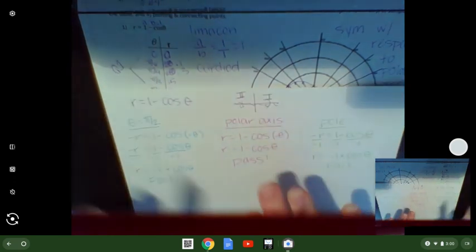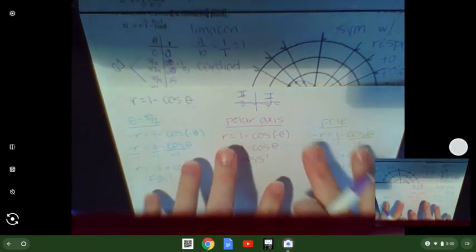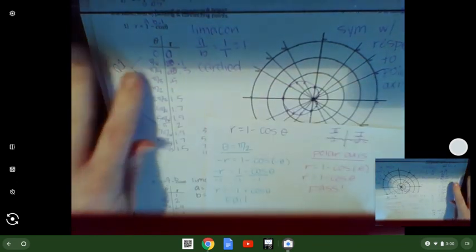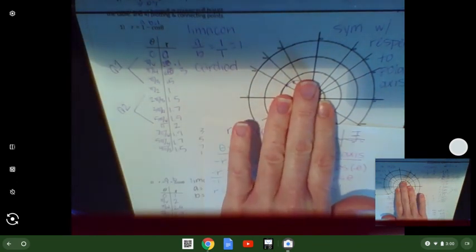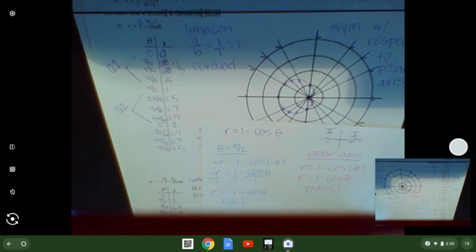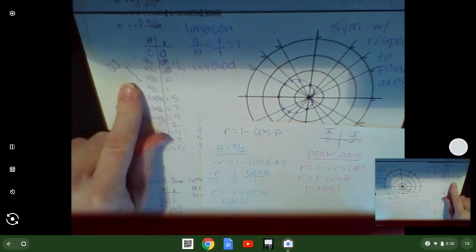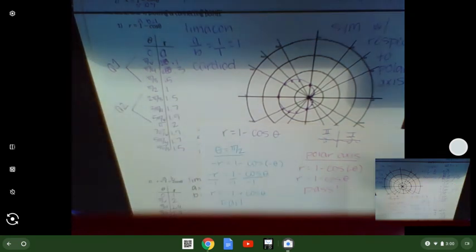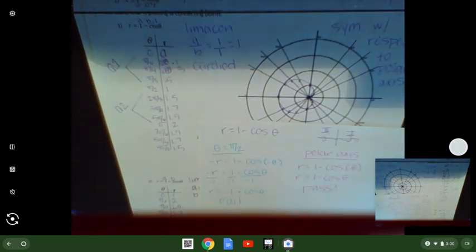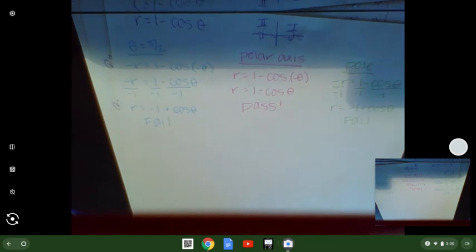So the symmetry test in advance, if you pass at least one of them, means the table that you create in order to create the graph can be that much smaller, because you can take the coordinates that you get from one set of plugging in angles, and you can just simply reflect that point in the correct direction based on the symmetry test that you passed.